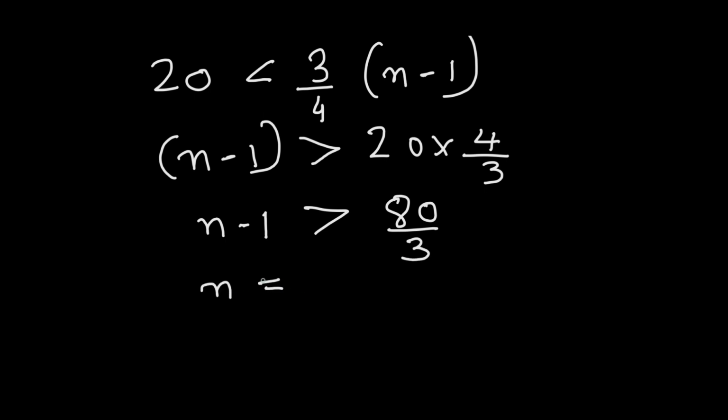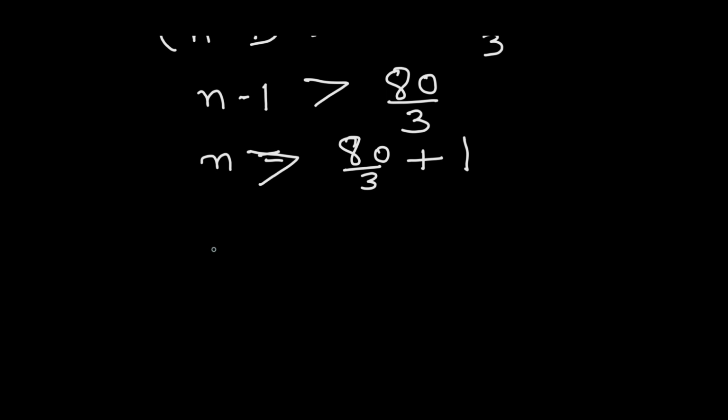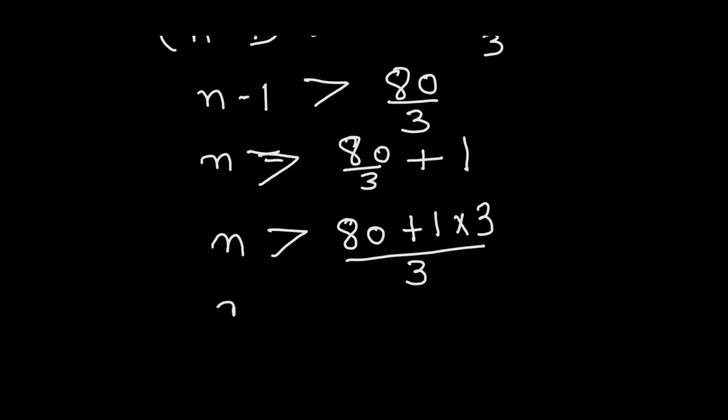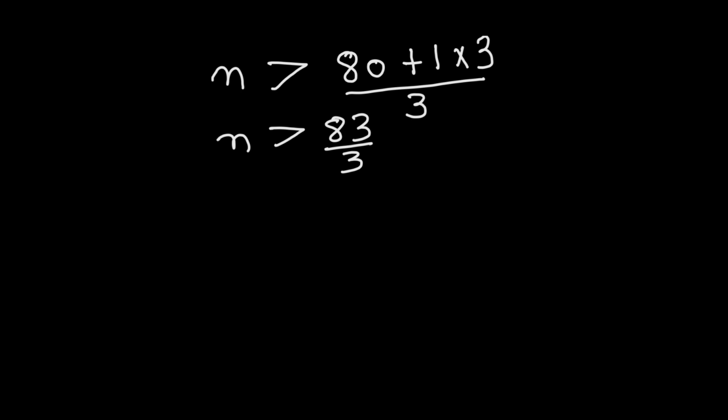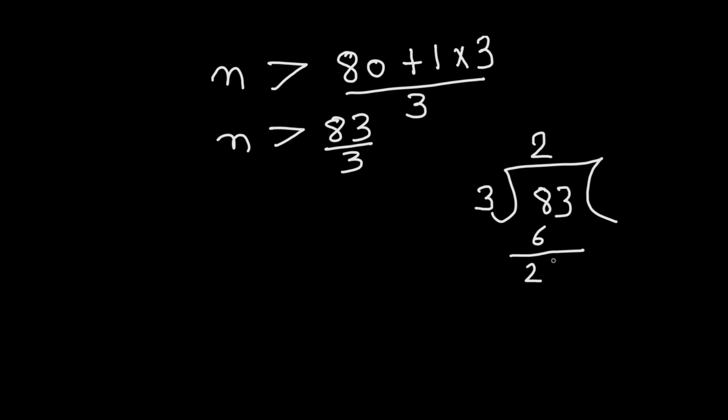So n will be equal to 80 by 3 plus 1. So n is greater than, here we will take LCM, so 80 plus 1 into 3. n is greater than 83 by 3. So if we divide 83 by 3, here you can see 3 2s are 6, 2. So here comes the 3. 3 sevens are 21.